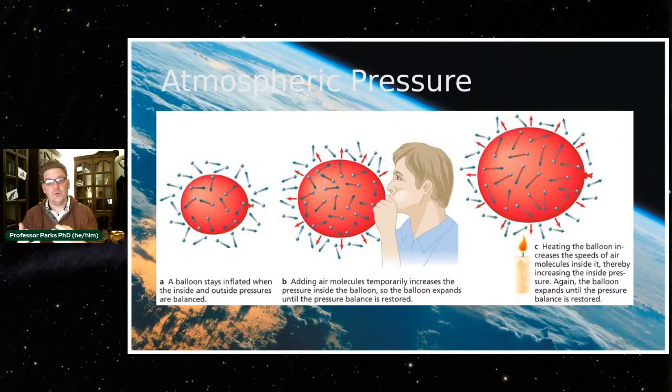And as they are moving, they are slamming into not only each other, but they are also slamming into the container itself. If the pressure exerted by those pounding molecules inside the balloon is exactly the same as the pressure of those molecules on the outside smacking into the balloon, then the balloon is in what we call equilibrium, hydrostatic equilibrium.